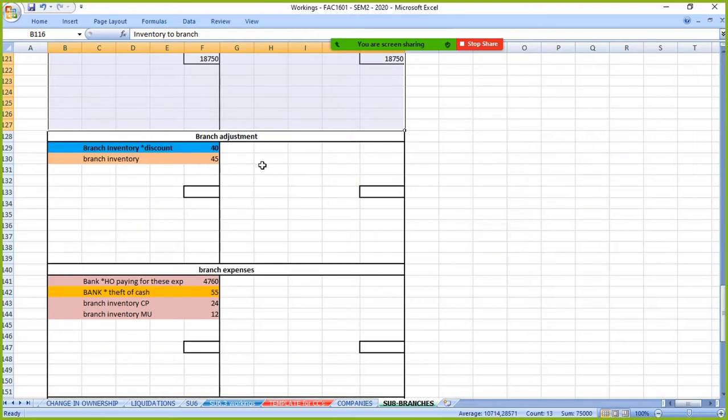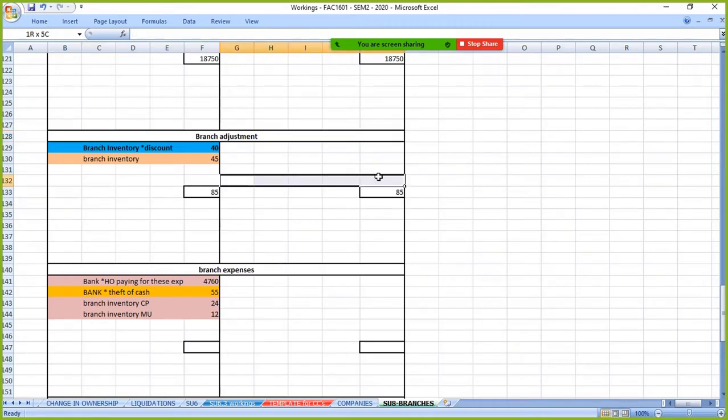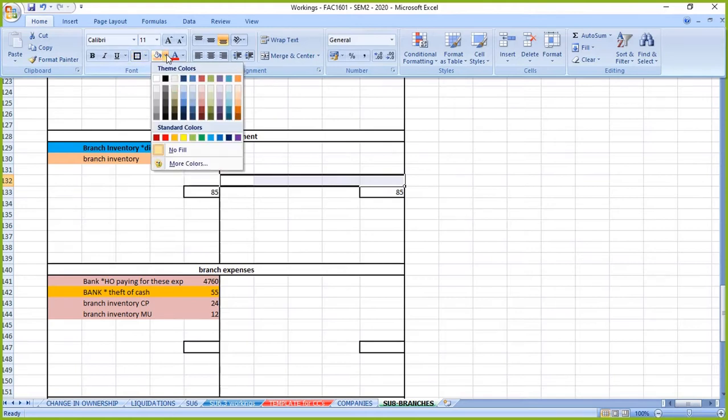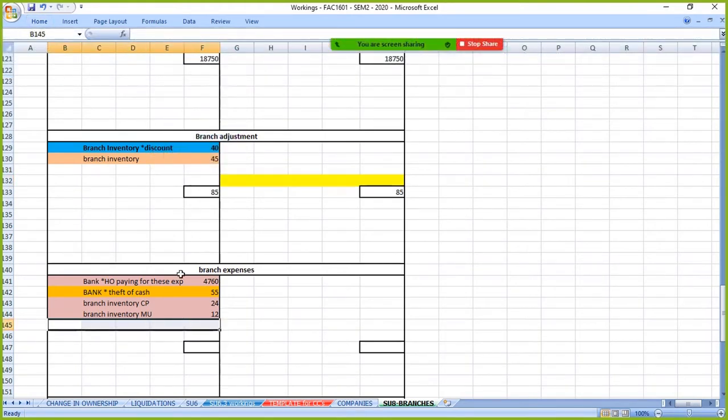This one you can't really balance because you could offset it. So if I'm looking at the branch adjustment account, obviously this will all land up in one account. So if I work out which is bigger here, what is that? 85, yeah. 85. And then the branch adjustment would be referenced in the branch expenses.